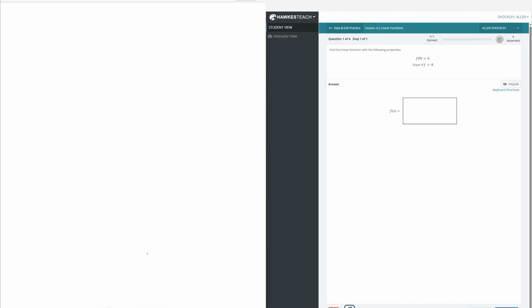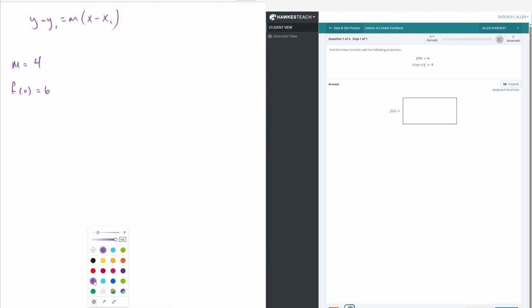So we need y minus y1 equals m parentheses x minus x1. They tell us that the slope is 4. And then they also say that f of 0 equals 6. Again, this is just a coordinate, and it's the coordinate 0, 6. This right here is an x, and then this would be y.